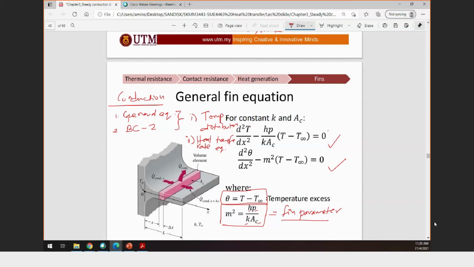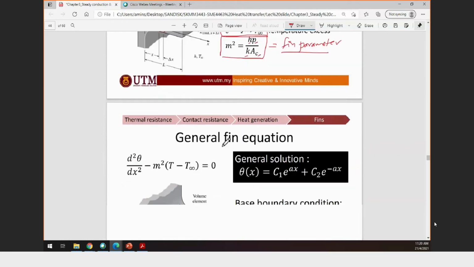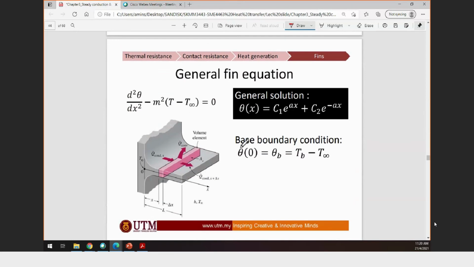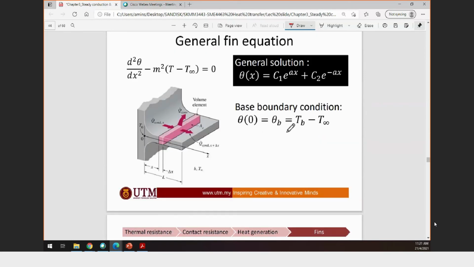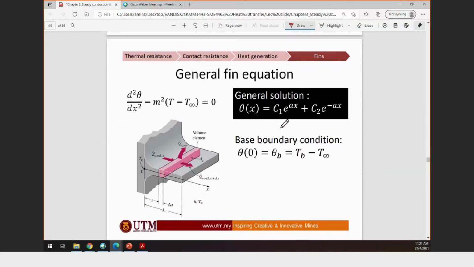Then you need to calculate it: if you know the H value, the P parameter of the fin cross section, K, the thermal conductivity of that particular fin material, and AC, the cross section. So we have this general equation and we need the boundary conditions. In the fin case, we have four types.